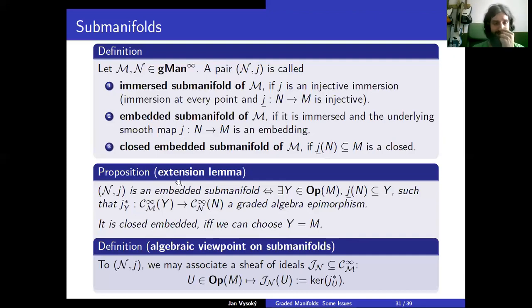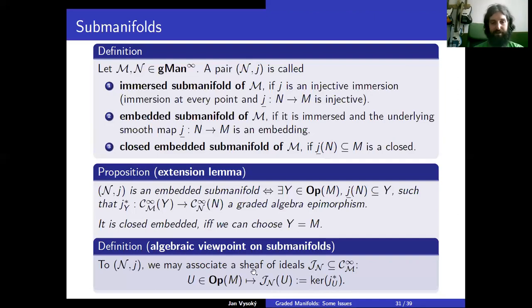It's interesting that there is also a very nice algebraic viewpoint on submanifolds, which is the same as in algebraic geometry. To any submanifold, you can associate a sheaf of ideals in your sheaf of smooth functions, defined for each U as the kernel of my embedding map, so the kernel of the pullback. It basically consists of functions which vanish if I pull them back to my submanifold.